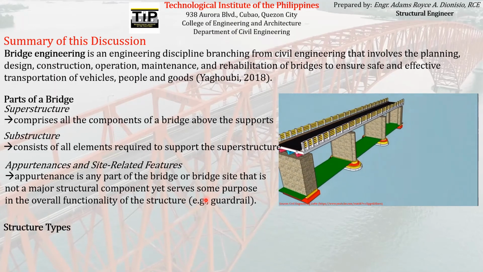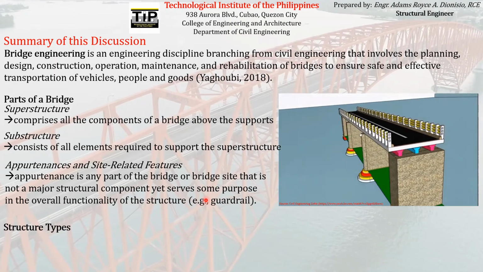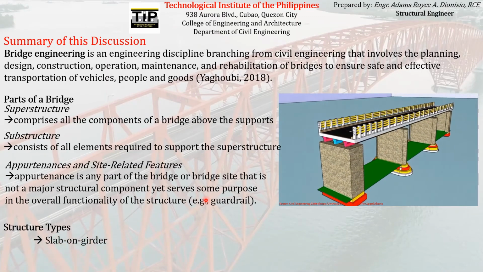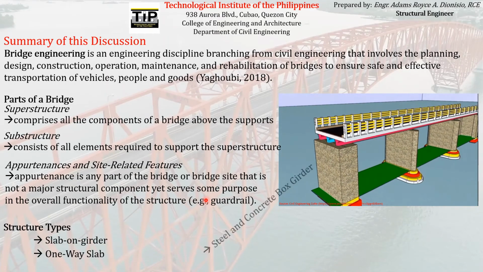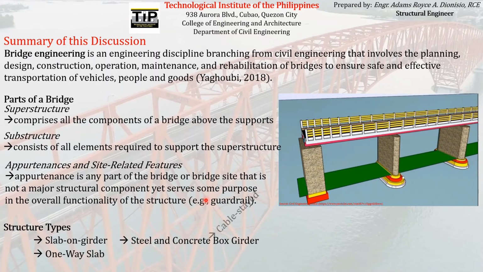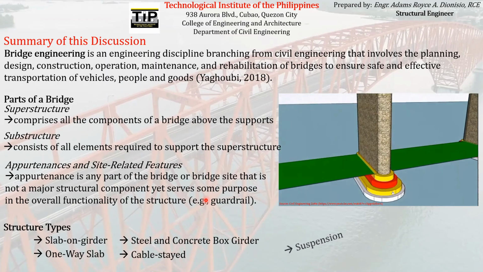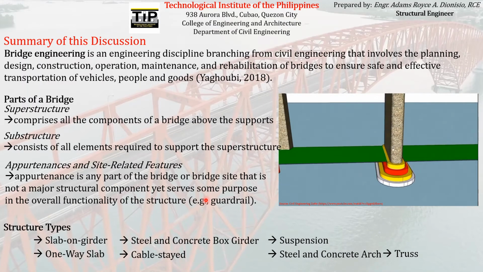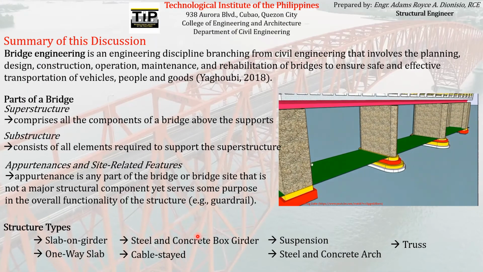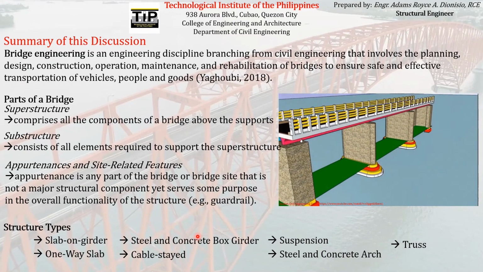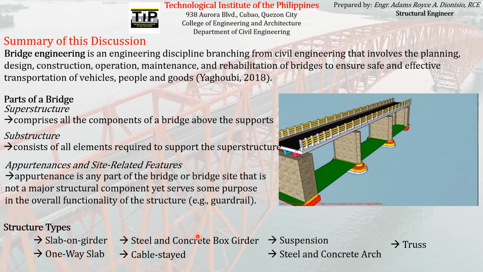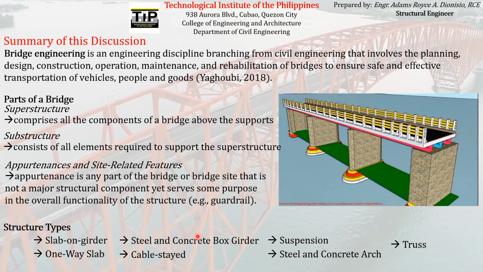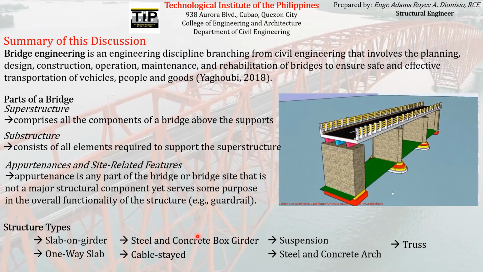So lastly, we have learned in this discussion the different structure types, which are slab on girder, one-way slab, steel and concrete box girder, cable stayed, suspension, steel and concrete arch, and truss. So we have learned that these different types of bridge structure actually have their own advantages and disadvantages over the other.